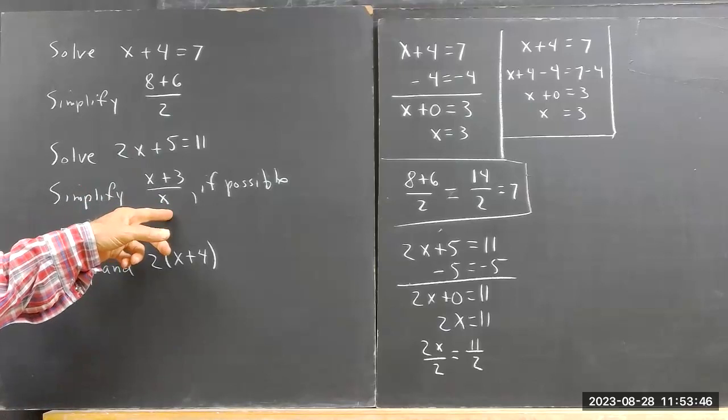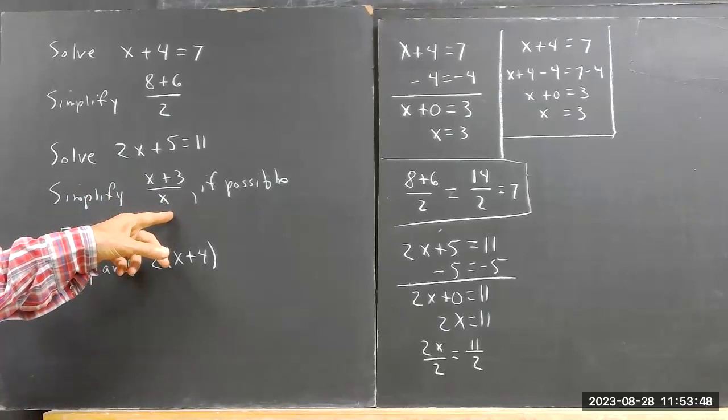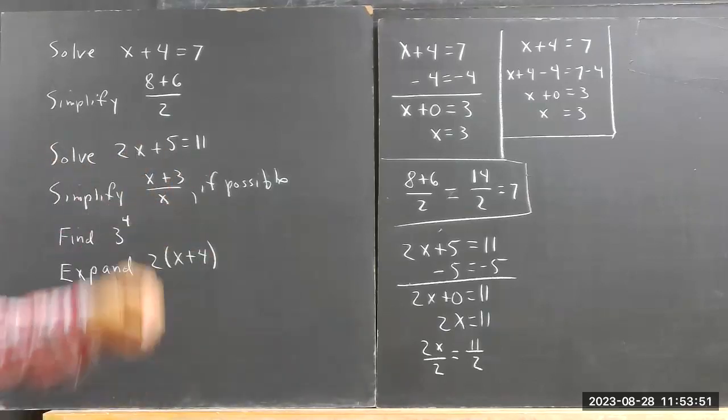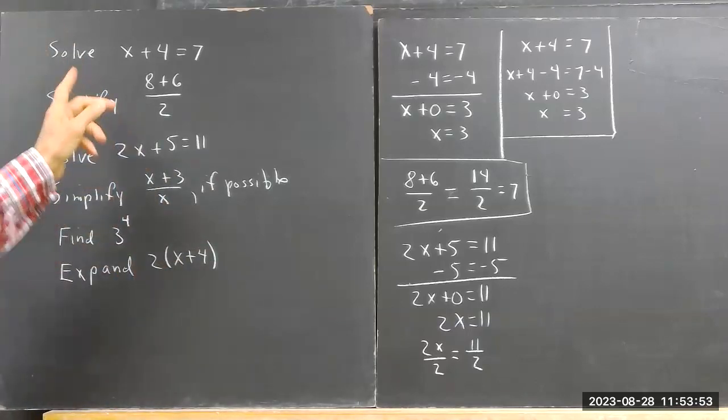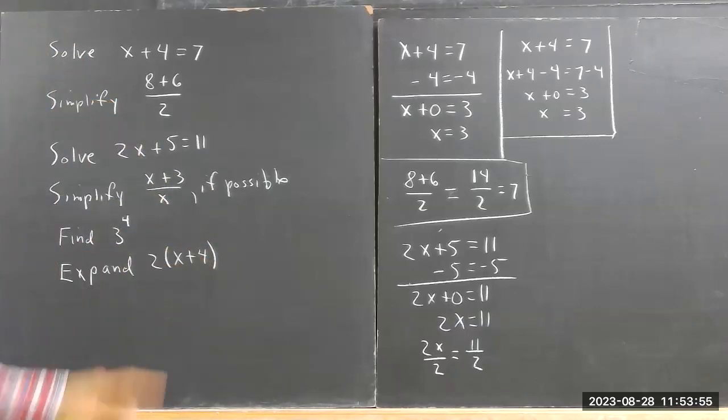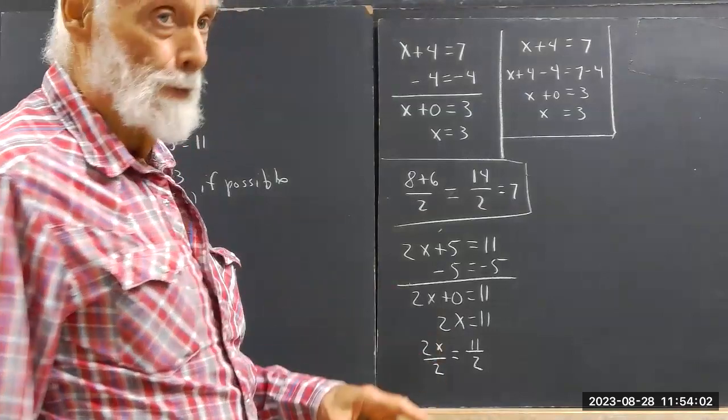A majority of pre-calculus students will do that. I've pre-tested pre-calculus classes for years, and the majority of people just cross out those x's. So if I put a 3 here instead of an x, cross out the 3's. It's totally wrong. And there's a reason for that.